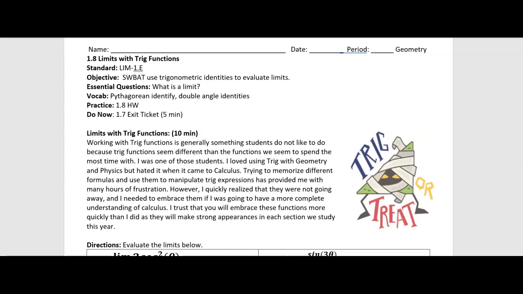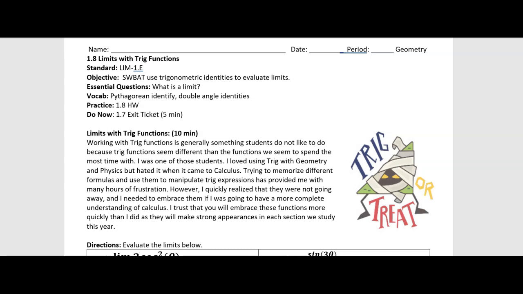It looks different than other problems because you've got these sine, cosine, tangents, cosecants, secants, cotangents, and we're just not as familiar with them because they don't pop up as much in algebra and geometry. So we're not as comfortable working with them, but we need to become comfortable because they're going to appear not only in your practice problems in an AP Calculus course, but also in numerous spots on the AP exam.